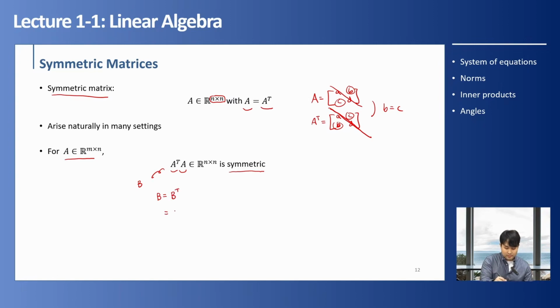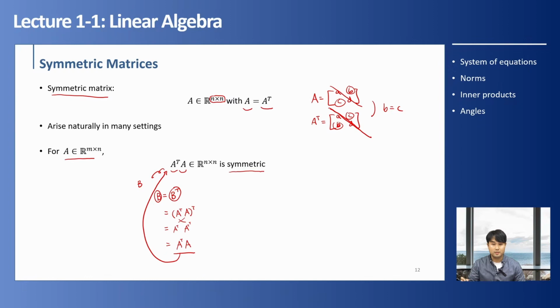And if I write this out, we get the following. And as you can see, we were able to show that the transpose of B is identical to itself.